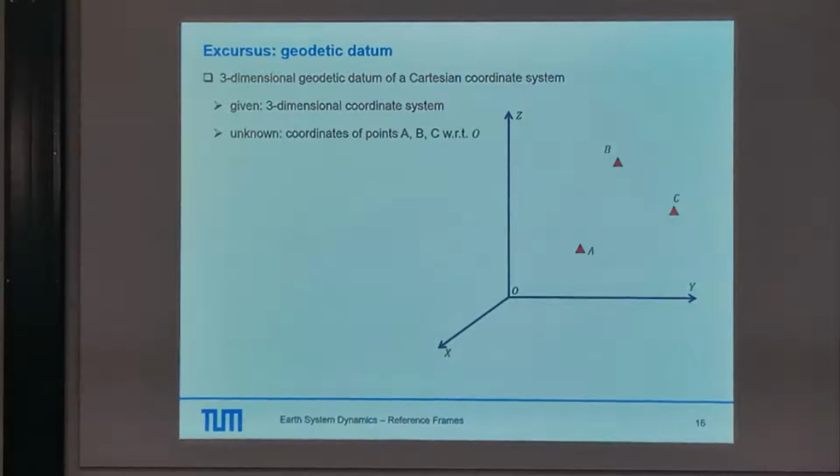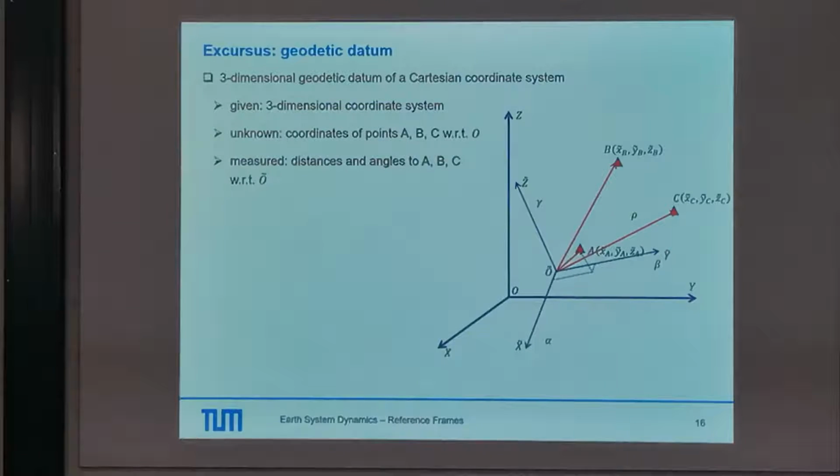And again, our unknowns are the coordinates of the points A, B, and C with respect to the origin. What we have here is that we measured the distances and angles to A, B, and C with respect to some reference point. This would be, for example, a terrestrial surveying station, a smart station, which is placed in the middle of an SLR telescope, a VLBI telescope, and a GNSS antenna.